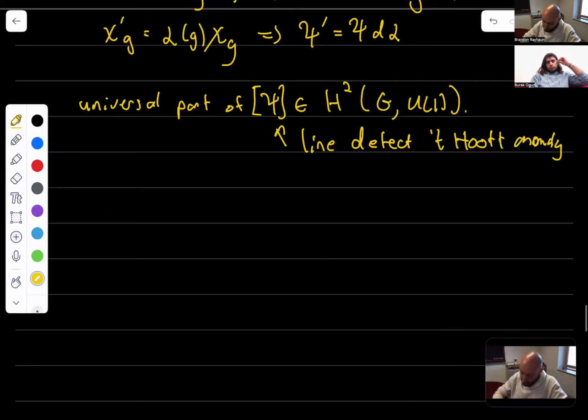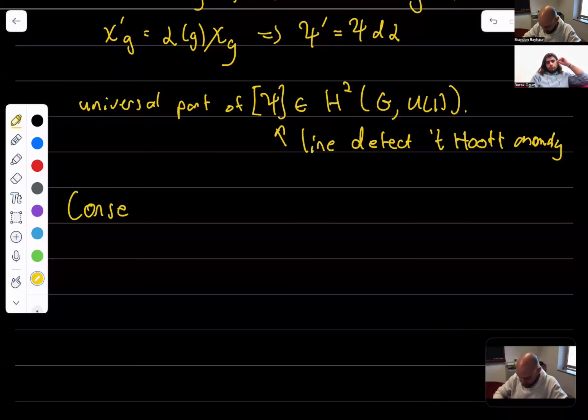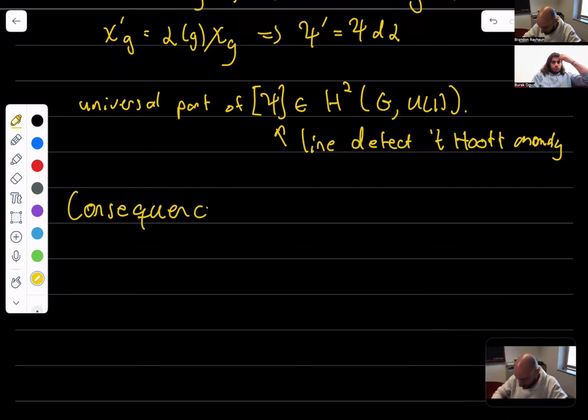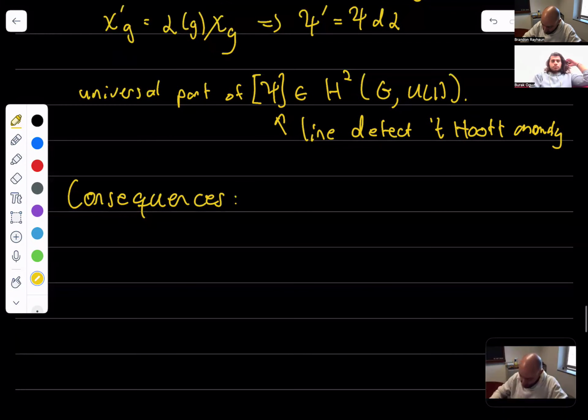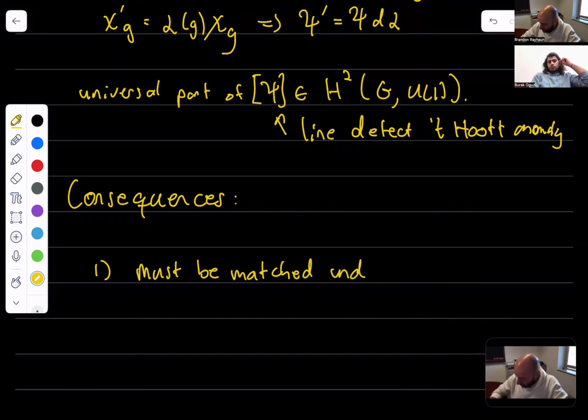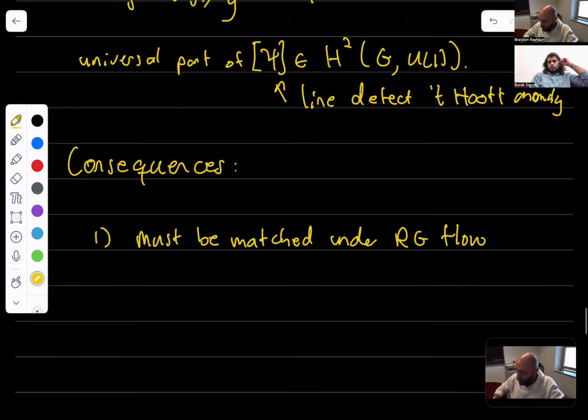And so what are some consequences of having this anomaly around? Well, for one thing, it must be matched under RG flows. So if the defect in the UV carries some non-trivial 't Hooft anomaly, then the defect in the IR must also carry it.